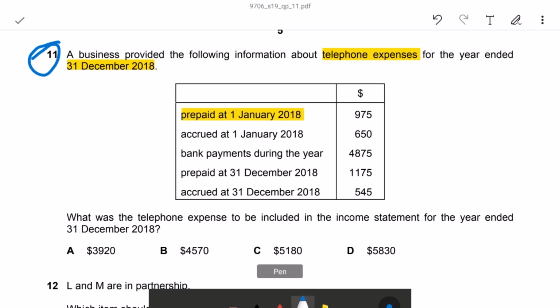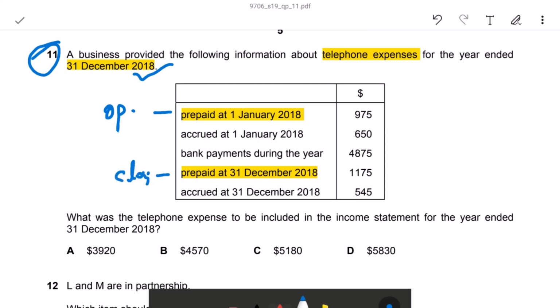Our accounting period ends at December 2018. So starting prepaid at 1st January 2018 means it is the opening balance. Then here they are given prepaid at 31st December 2018. It means that is the closing balance.